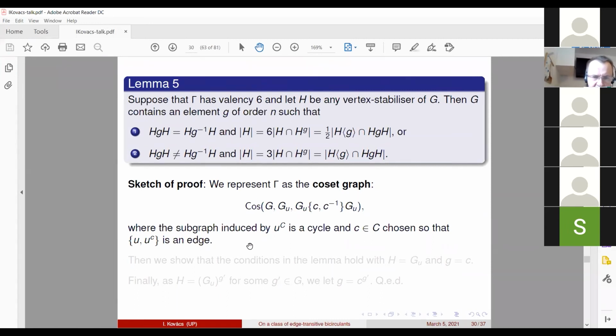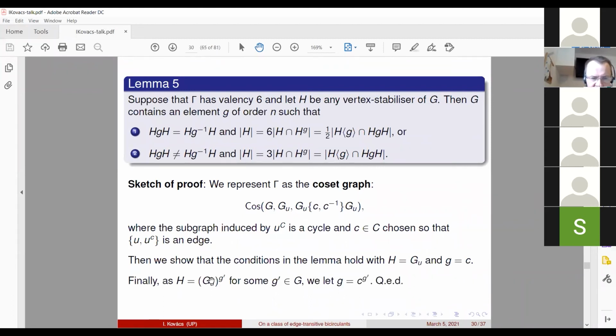Under such a condition, your graph is isomorphic to this coset graph, and then you can show the condition is satisfied by taking H to be this stabilizer and taking G to be this element C. So C is of order n, and this is a stabilizer. And finally, because H was a stabilizer, it must be a conjugate of GU by some group element G prime, and you just find your G as a conjugate of C by the same group element G prime.